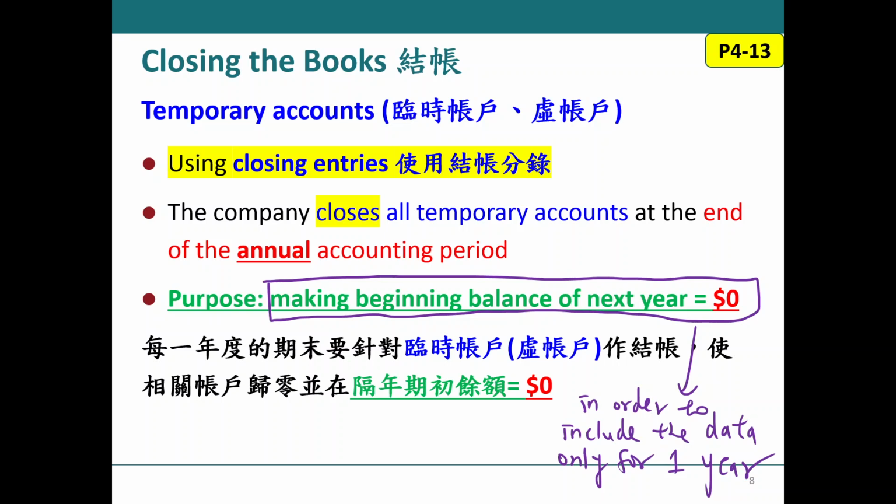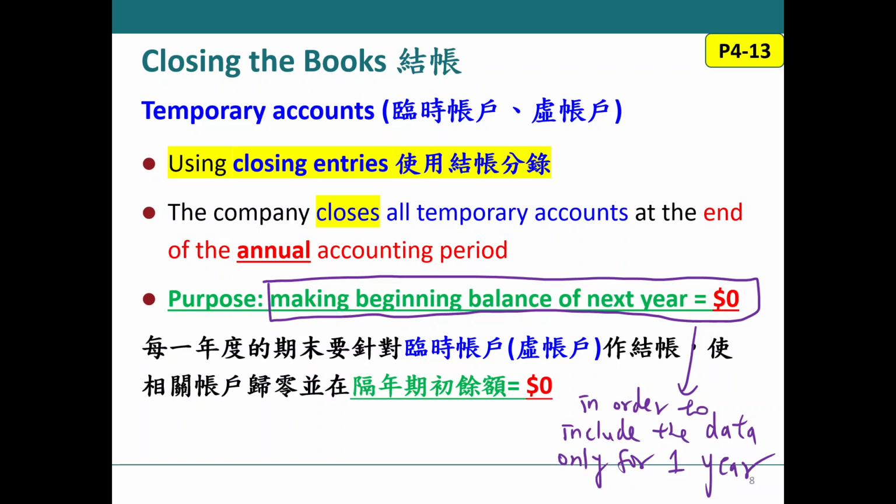That's why we only do it once each year, because it's ready for next year, right? So ready for next year, of course, we just do it once on the last day of each year. Okay? So only for some accounts. What kind of accounts? These accounts on your statement of comprehensive income, right?